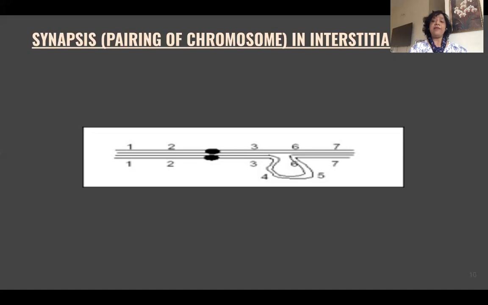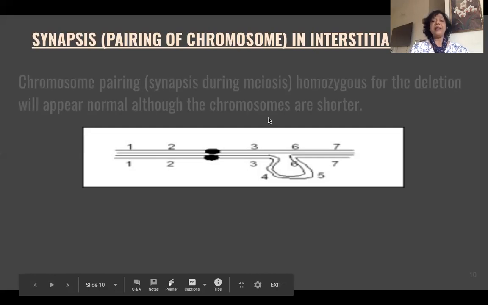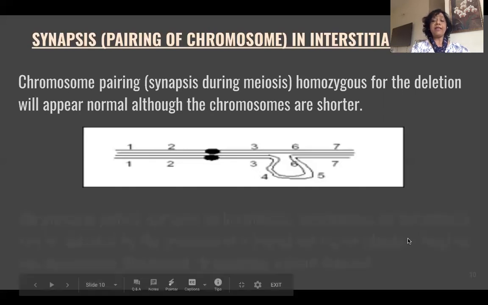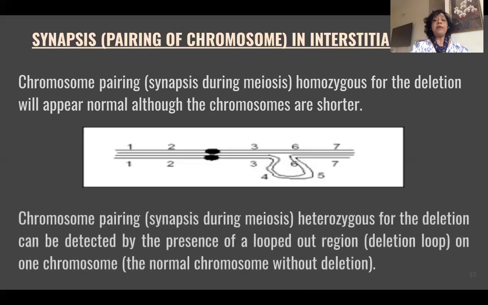What happens if there is an interstitial chromosomal aberration, or an interstitial deletion? Then how does the chromosome pairing take place? Suppose it is a homozygous deletion, then in that case, the pairing or the synapsis appears normal. I will be explaining the same thing with a line diagram, but let me say what happens if the deletion is heterozygous.